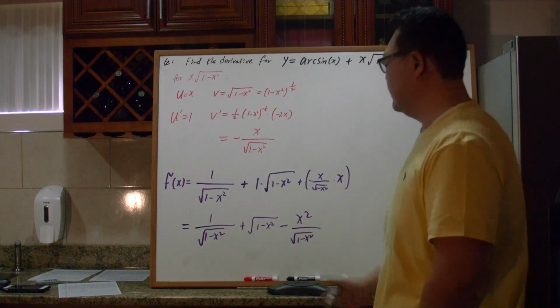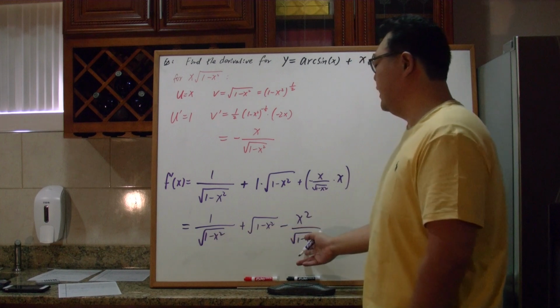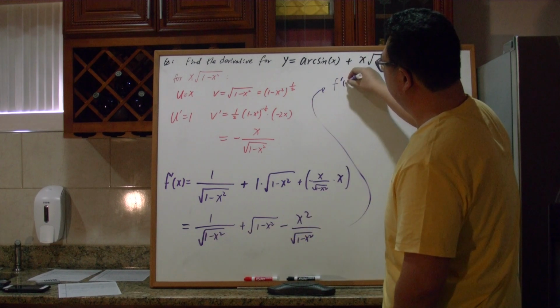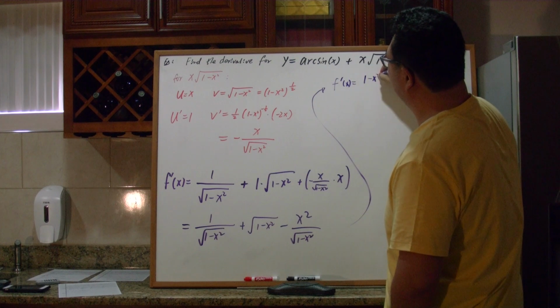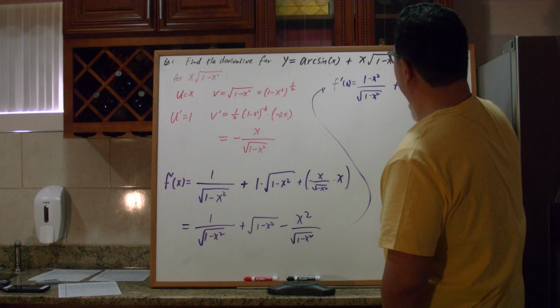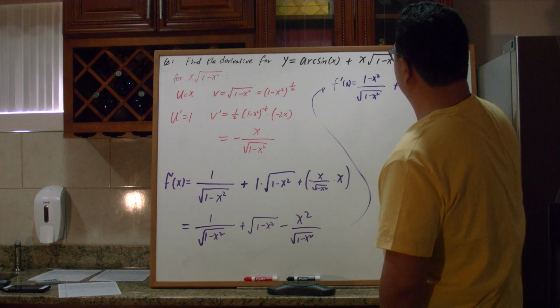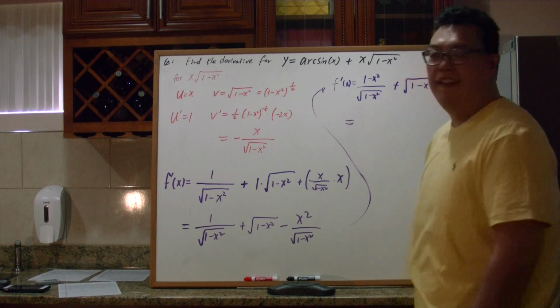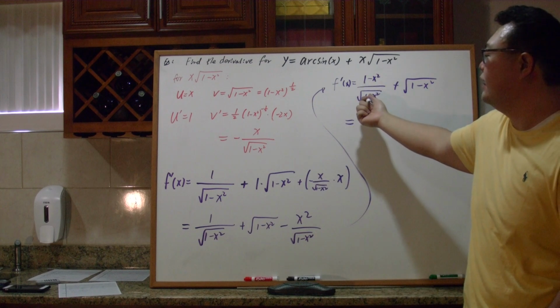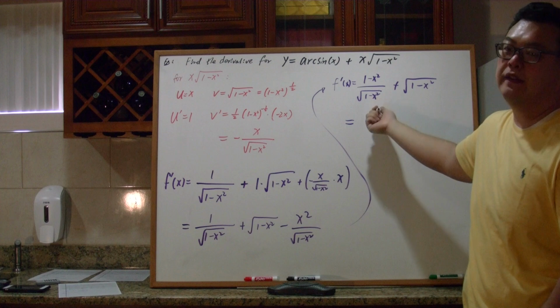Right, that of course at least we can see they could be combined together. F prime of x will be 1 minus x squared over the square root of 1 minus x squared plus the square root of 1 minus x squared. We can also see that 1 minus x squared and the square root of 1 minus x squared have the same base.